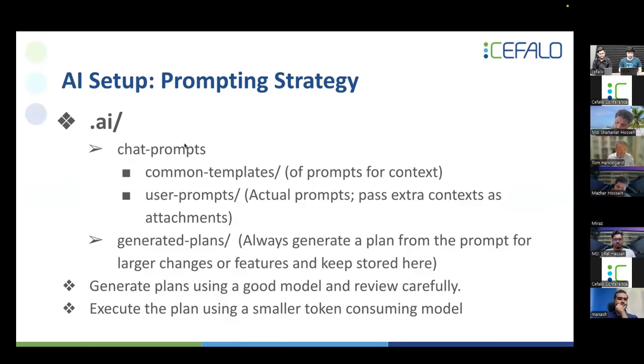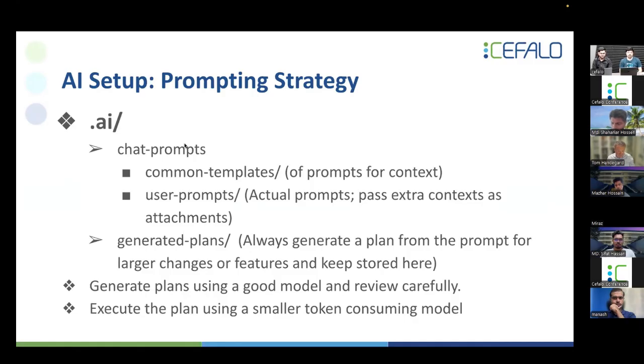For that, what we came up with was a dedicated directory, .ai, and the reason for that is we can use the Cursor or Windsurf or the IntelliJ AI assistant directories for those, but those will be IDE specific.